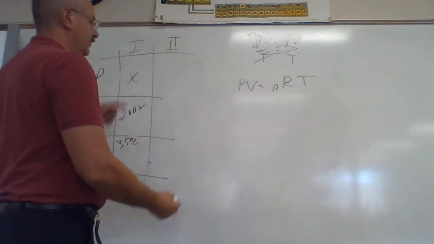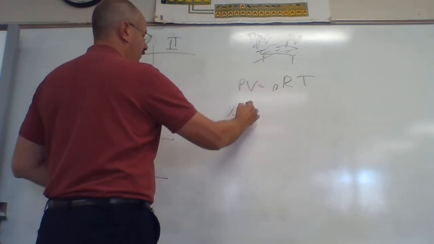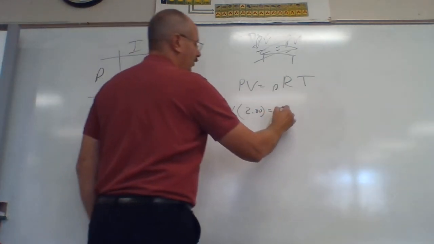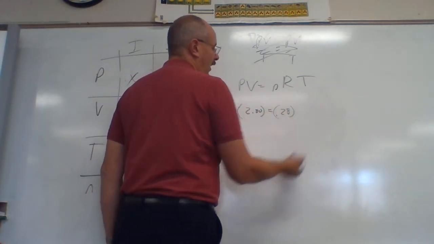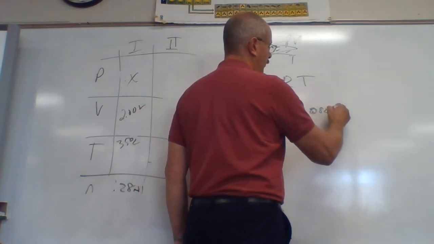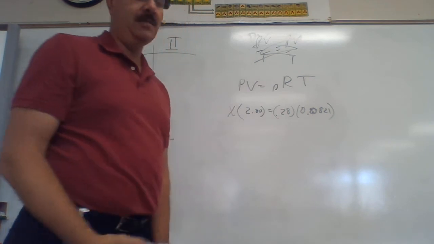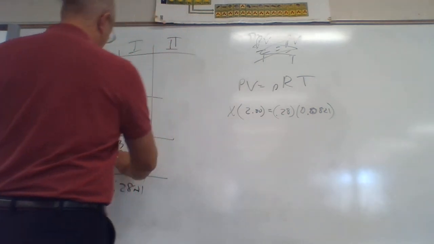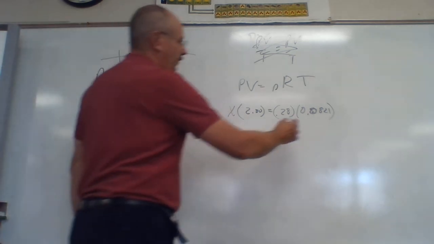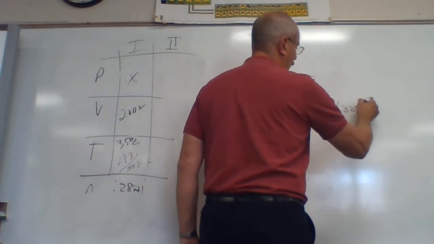So I have a pressure, we want to find out pressure. My volume is 2.0. n is 0.28 moles. R, if you remember in your notes, was 0.0821. That's a constant, never changes. Then the temperature, we've got to add 273 to this. So that's 308. So times 308.